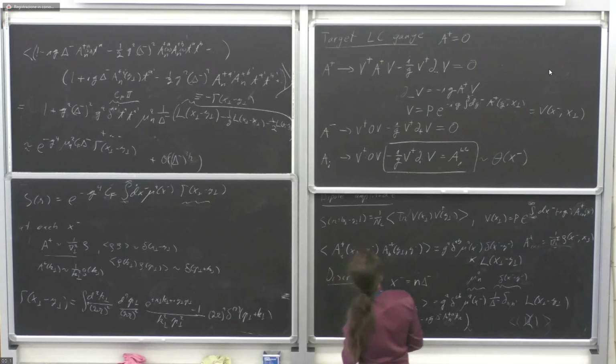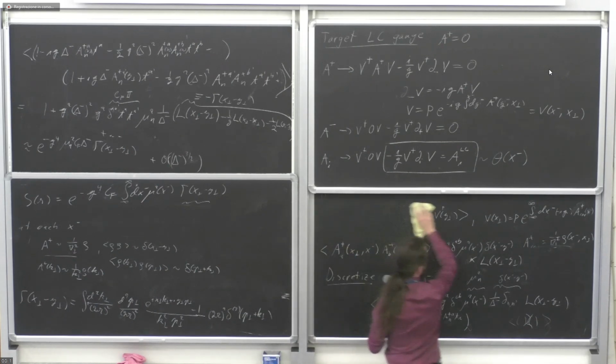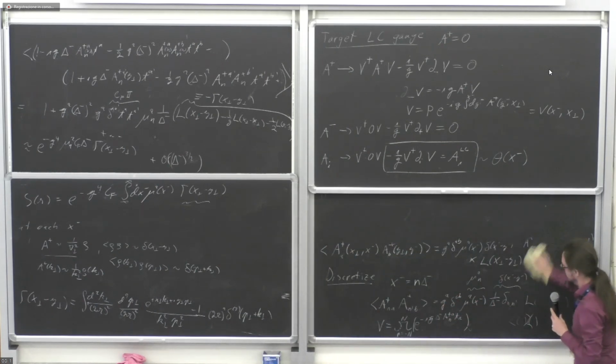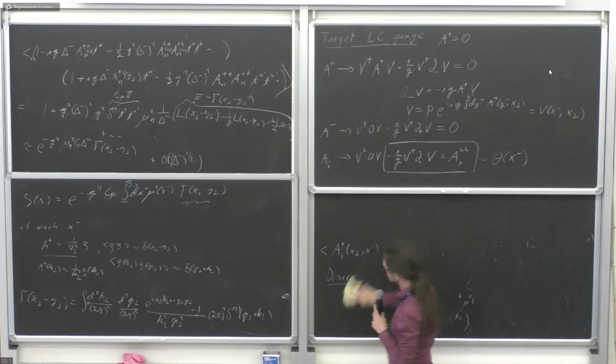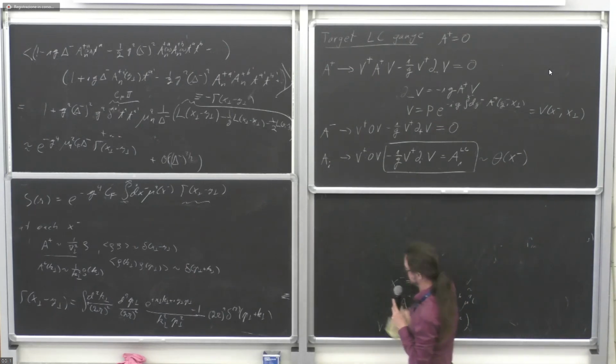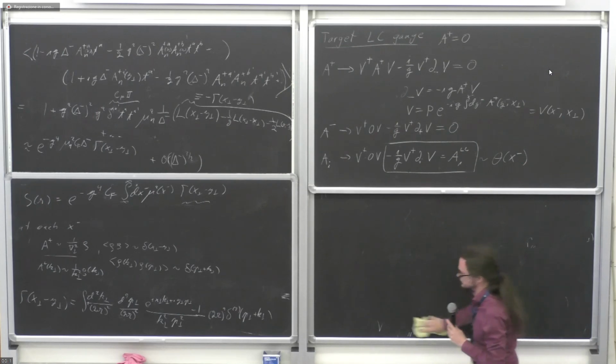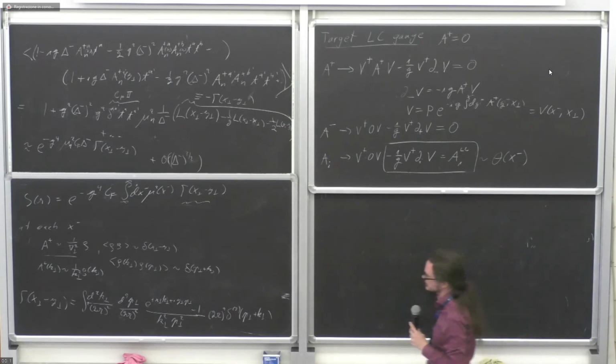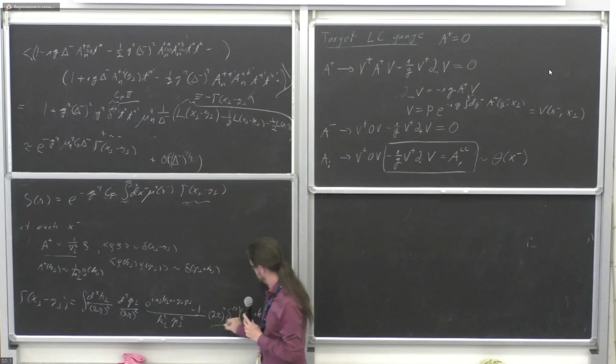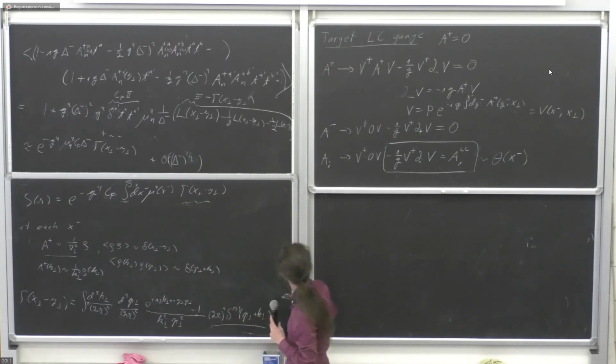Here, I still don't want to erase. Now I can erase this. So I have this integral. First, of course, I do the delta function integral.